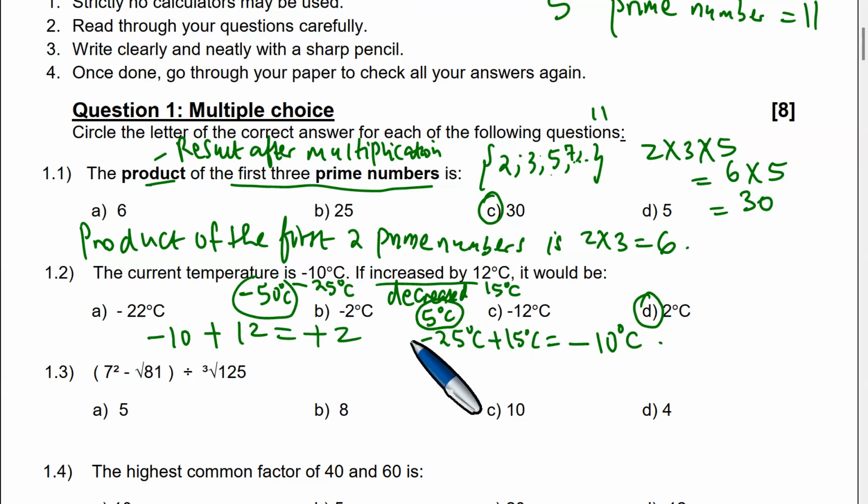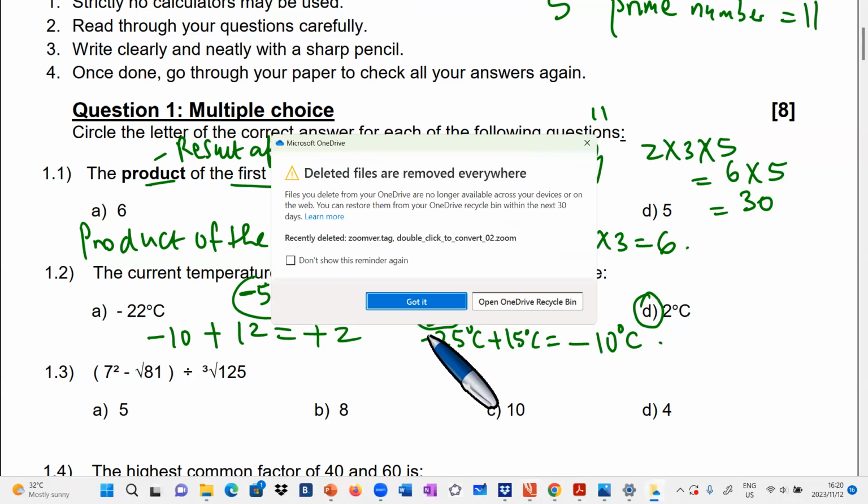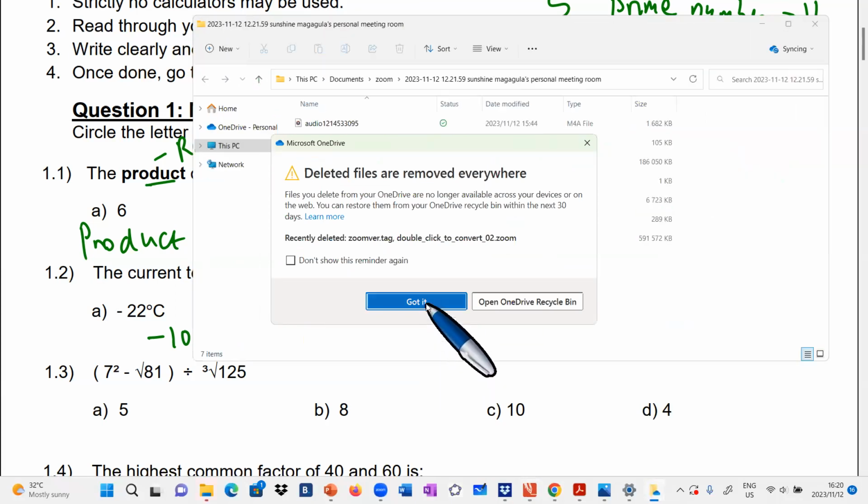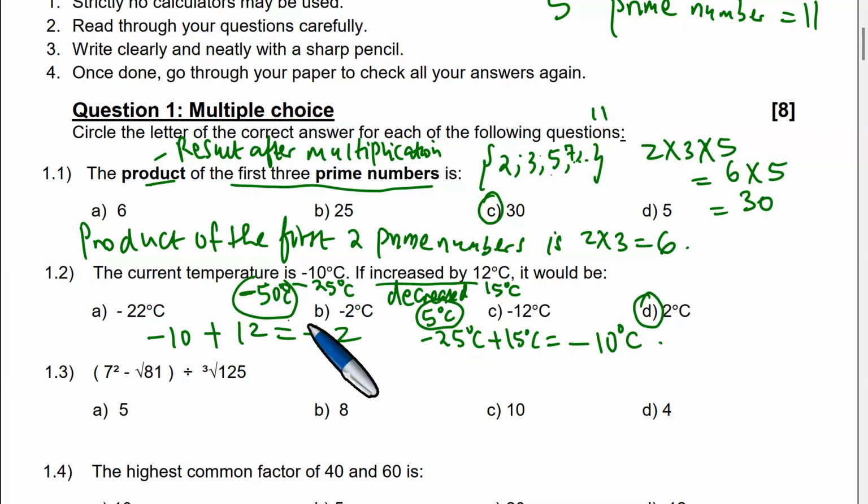So you have minus 50 degrees Celsius decreased by 5.